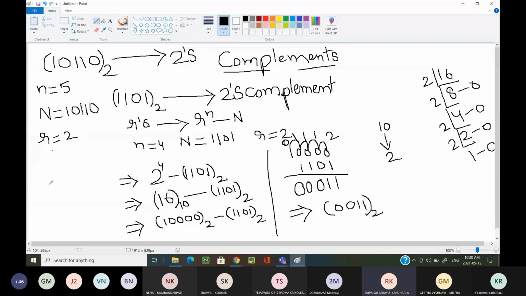0 1 0 0 2, sir. 0 1 double 0 to the base 2. 0 1 2, double 0 2, sir. No, sir, 1 0 1 0, sir. 0 1 0 1 0, sir.